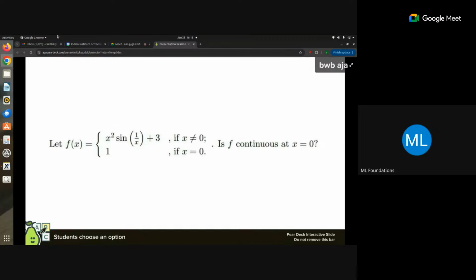In machine learning, not deep learning, logistic regression, which is one of the fundamental algorithms for classification, uses these trigonometric functions. So it will be useful.